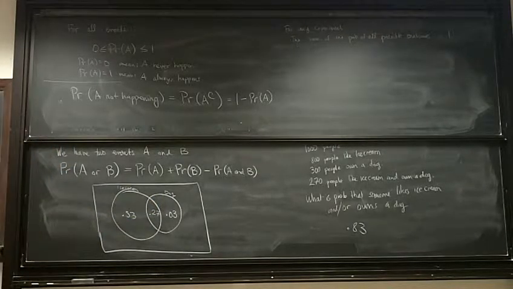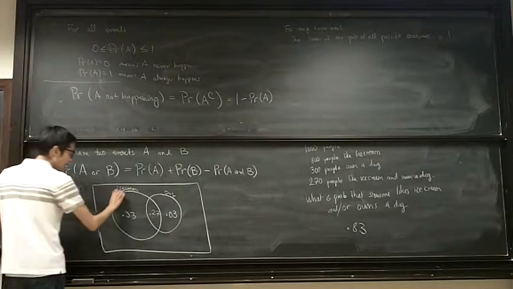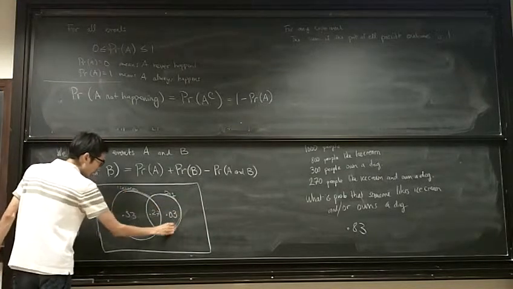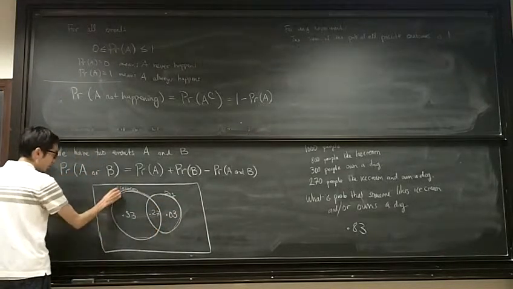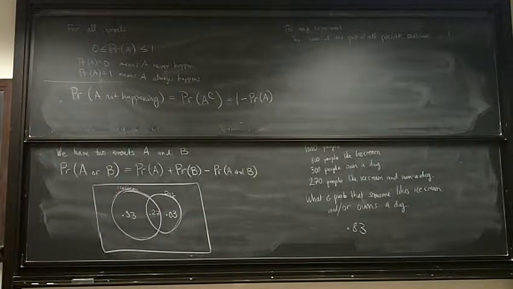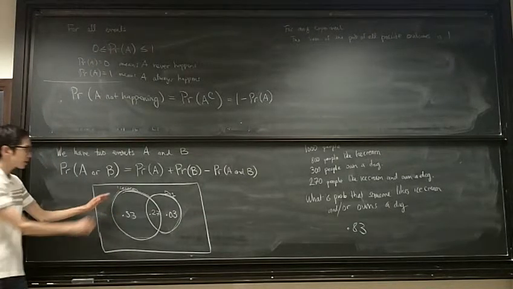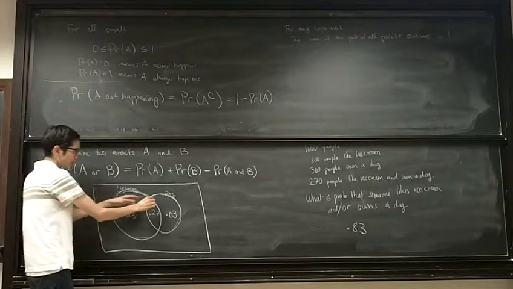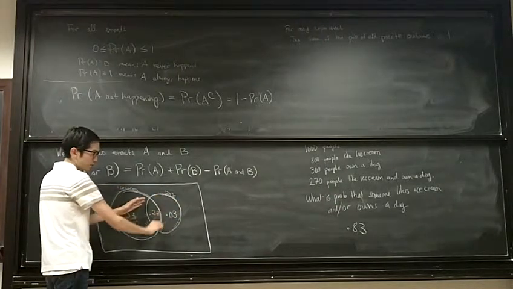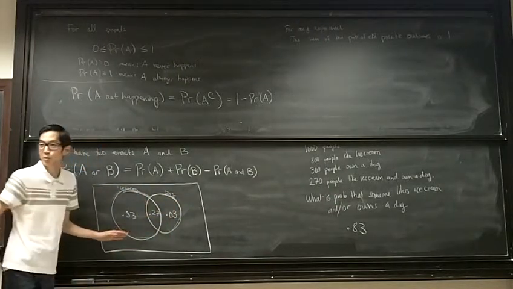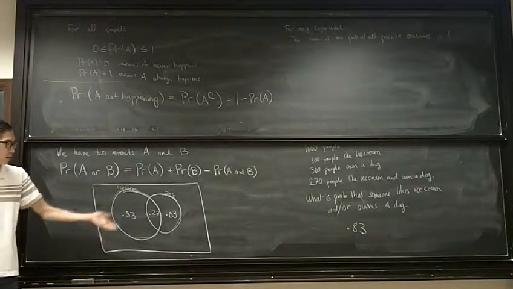So likes ice cream or owns a dog is this double circle. This entire circle is 0.8, and then we just have to include this moon part, which is 3%. So I get 0.83.